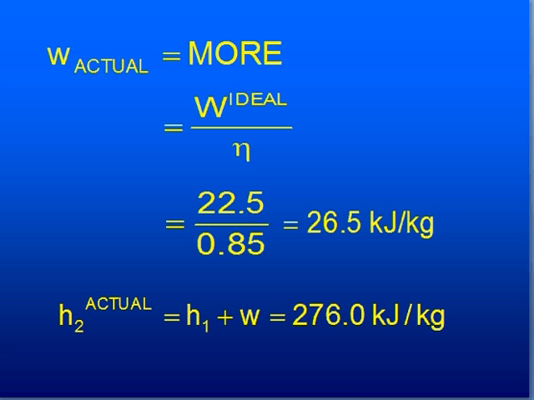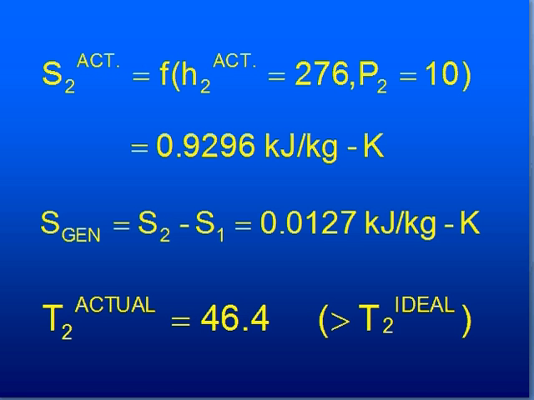So the H2 actual, plugging that back into the energy balance, we can find the outlet enthalpy. It's 276. And from that, knowing what you know about properties, S2 is a function of the enthalpy and the pressure, and that comes out to 0.9296. Finding the entropy generated, we find that it's positive, as expected. S2 minus S1, always going to be positive.